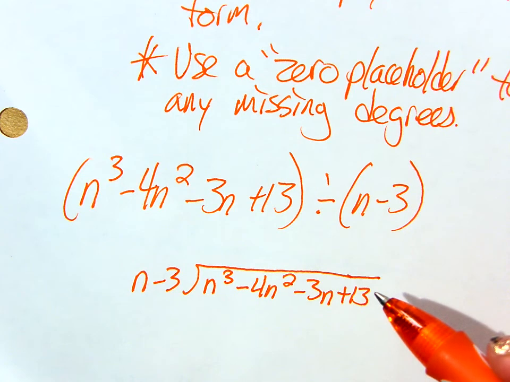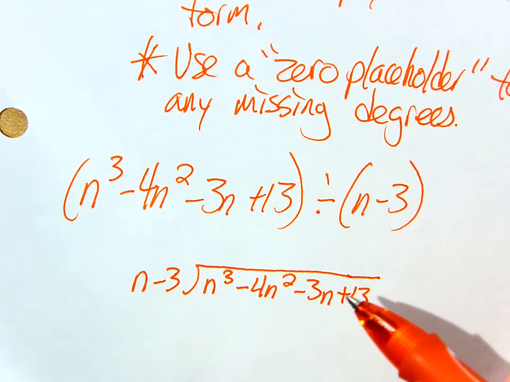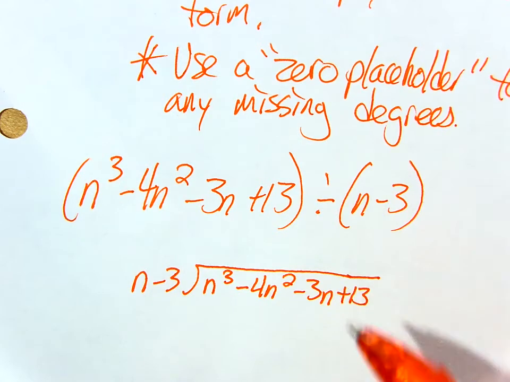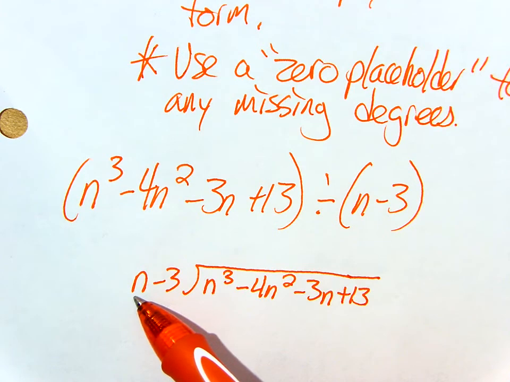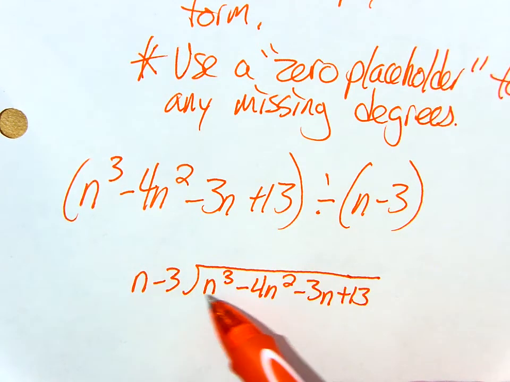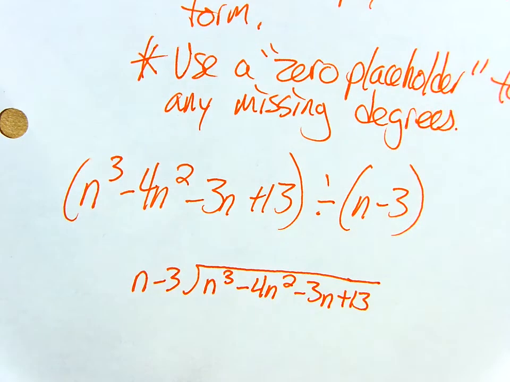Okay, everybody ready? Long division, polynomials, here we go. So here's how you figure out your first number. You take your first term, which in this case is n, and ask yourself, what do I need to multiply n by to get n to the third? n squared, right? So I'm going to put n squared up at the top.